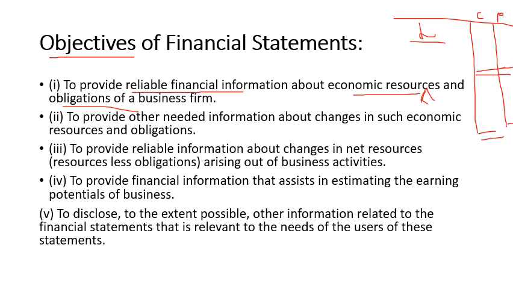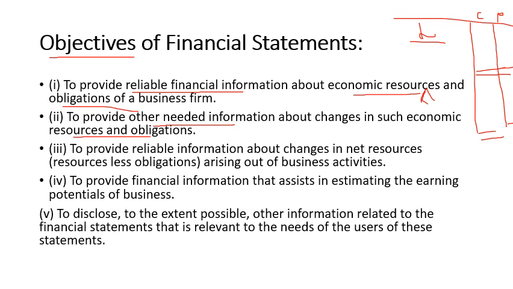And moving on, the next, provide other needed information about the changes in such economic resources and obligations. As per the latest Companies Act 2013 provisions, we will be preparing financial statements in a different form. Usually in the past, as per our plus one syllabus, we are preparing our financial statements in horizontal form.